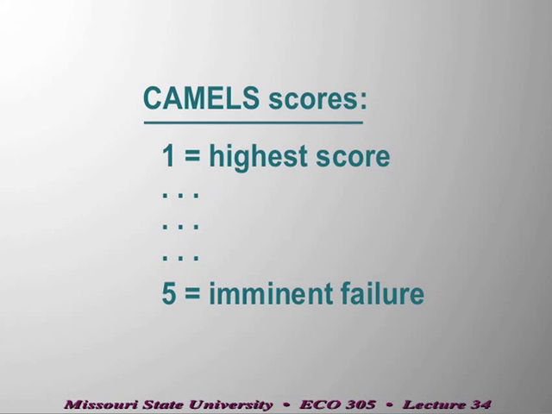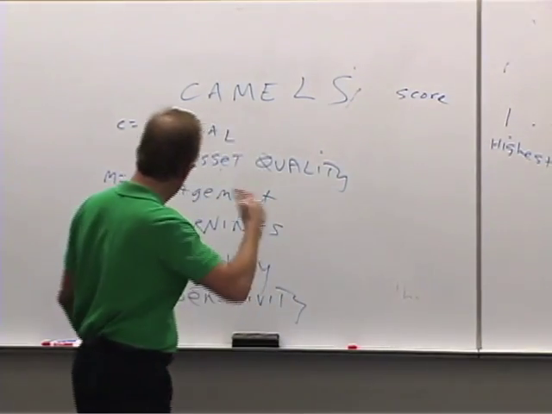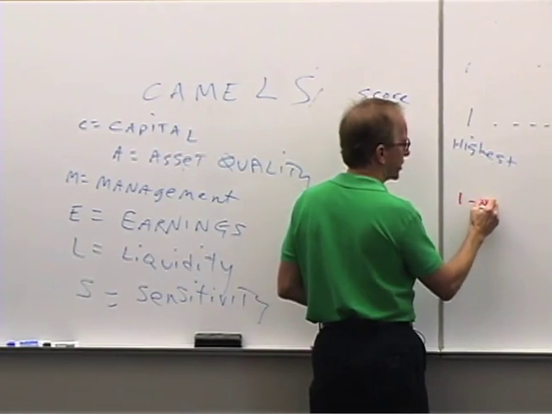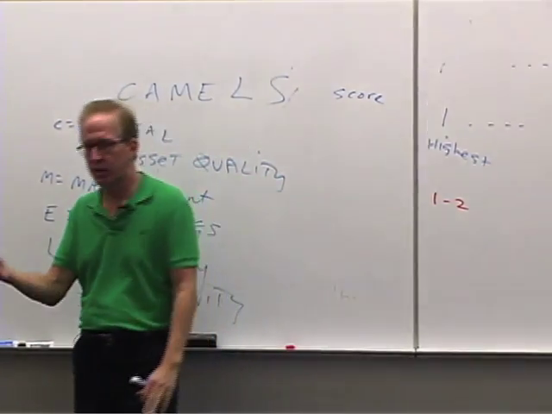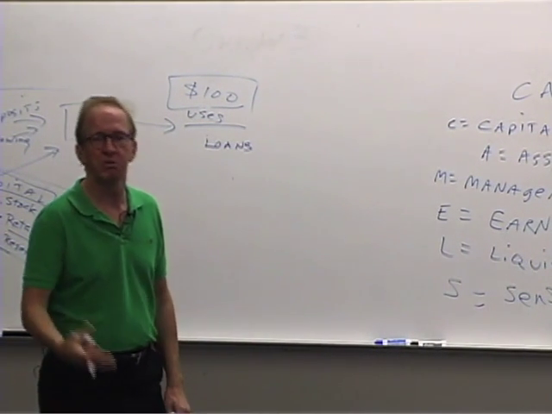And what the regulators basically say is this: if we come in and we've evaluated all this stuff, and we see a 1 or a 2, we just leave the bank alone. We shake hands with them, say see you again next time, and tell them they're doing a fine job.